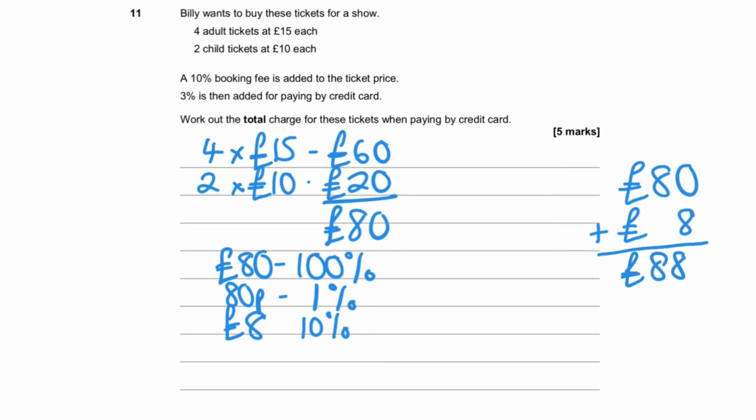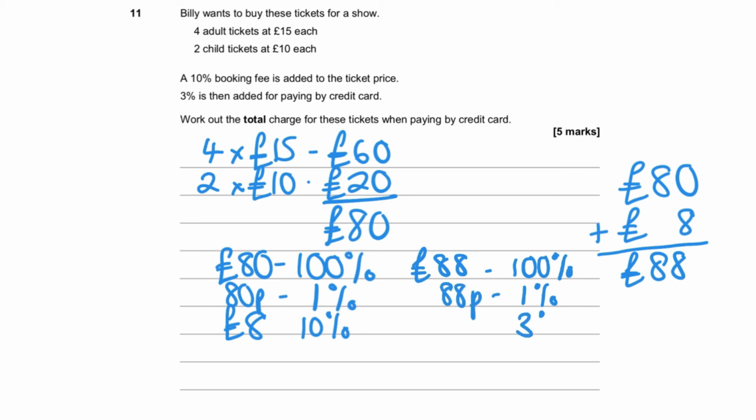So the next piece of information we need is the 3% is then added for paying by credit card. So now our 100% is the £88. So we need to find 3% of £88 now. So 1% will divide by 100, so we'll do that to the £88 as well to give us 88p.